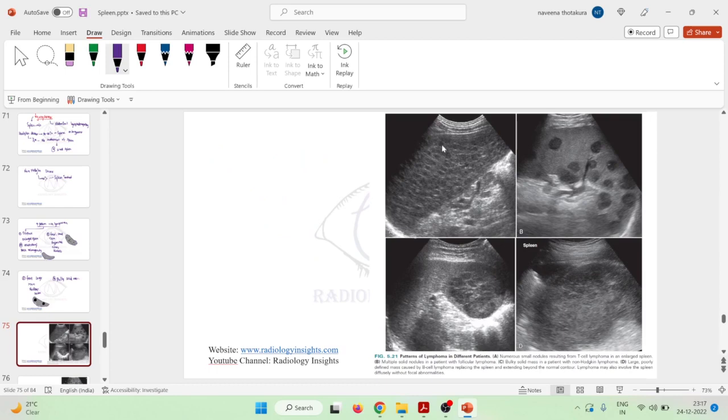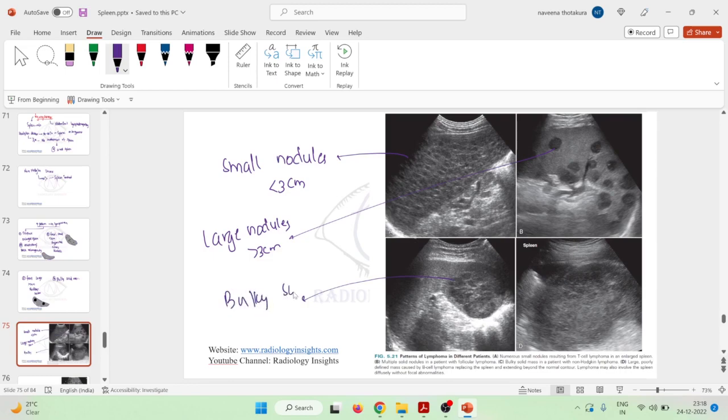So if you see the patterns of lymphoma, here numerous small nodules are seen, as in a patient with T cell lymphoma. Here you can see large nodules, which will definitely be more than 3 centimeters. Here the small nodules will be less than 3 centimeters. They are hypoechoic, so this is also seen in lymphoma. And here you can see a bulky solid mass in the spleen.